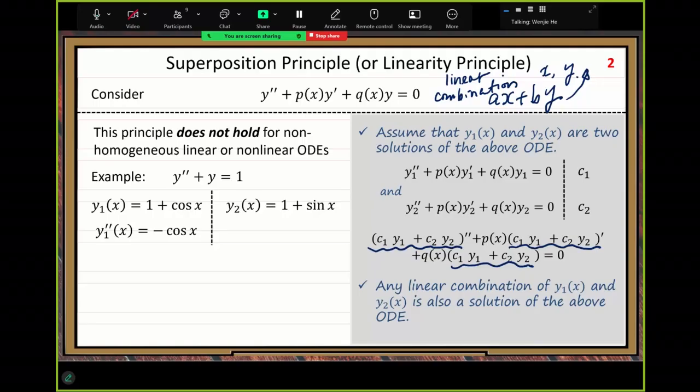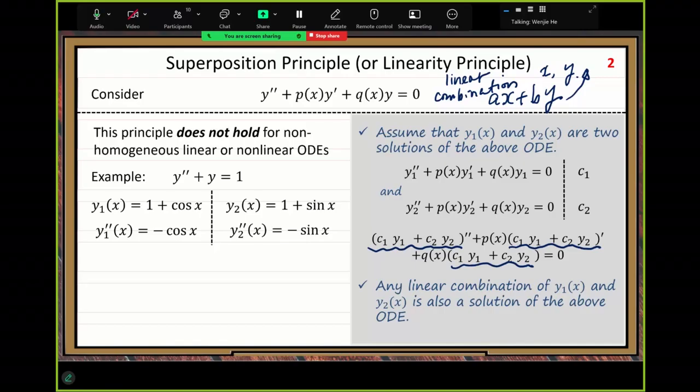Sorry, I was confused about y2. Here, the reason I calculate y double prime is because I want to verify if it satisfies the equation. It's not the second solution, sorry. Now y2 is the second solution: 1 plus sine x. Because of the double prime, now you plug in. It's very easy to verify.